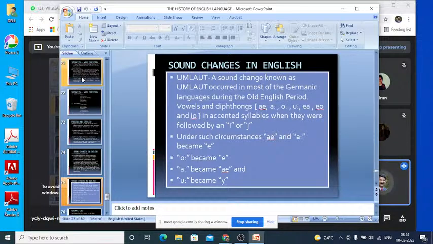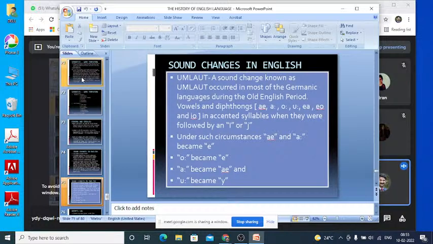Say, for example, you have in Old English bankis. The word bankis, which in modern English means bench, became bank after a while. Look at that, bankis is becoming bank.